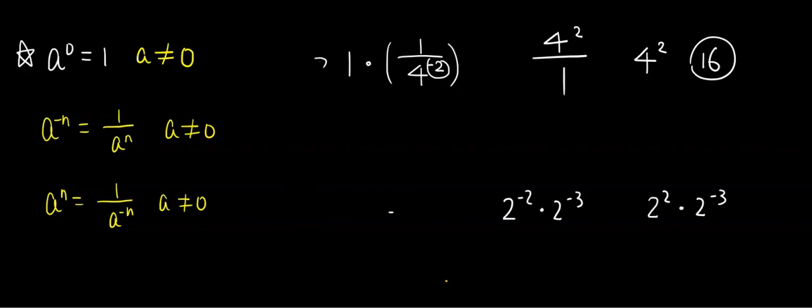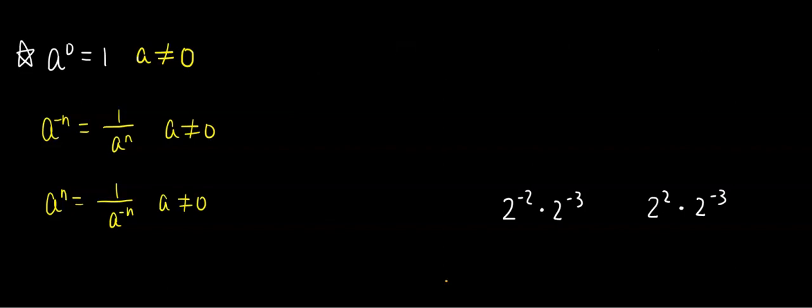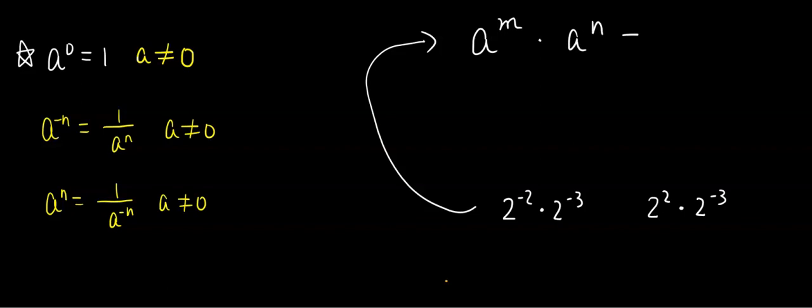Okay. Let's look at our next problem. That is 2 to the negative second power times 2 to the negative third power. Remember previously we learned if we have the same base, one with power m and the other with power n, we can keep the base and add the power.